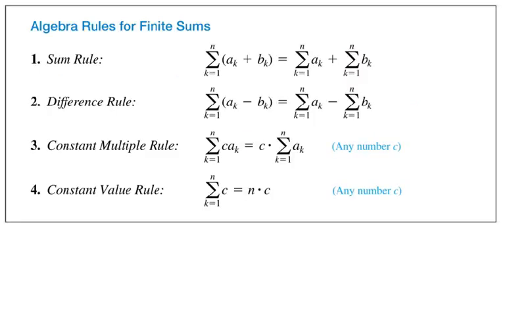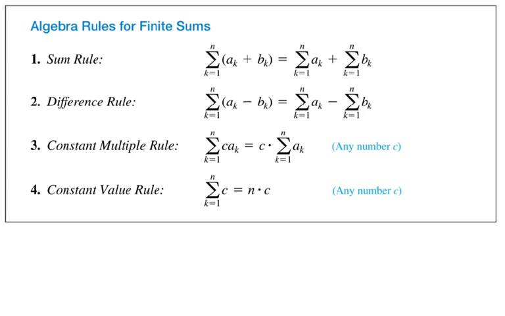So we have algebraic rules or properties that apply to finite sums, just like we have rules for limits. So like for our sum rule here, it says the sum of some term A plus some term B, well, the sum of the terms A plus B is the sum of A plus the sum of B. Same for difference.